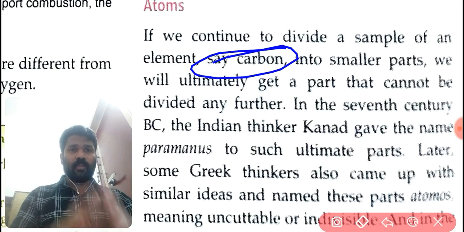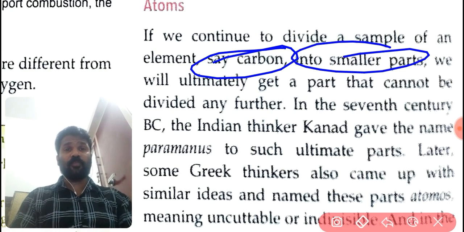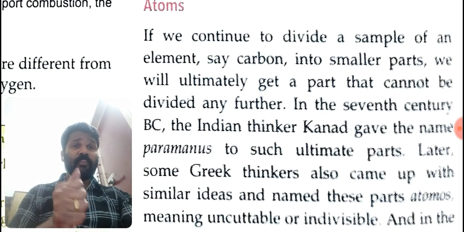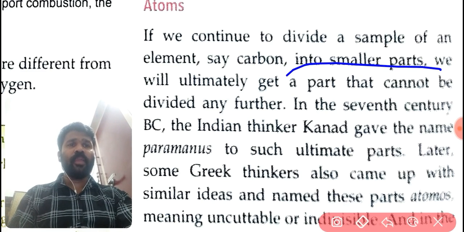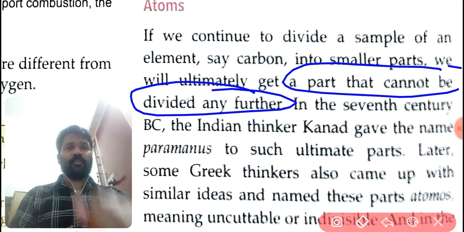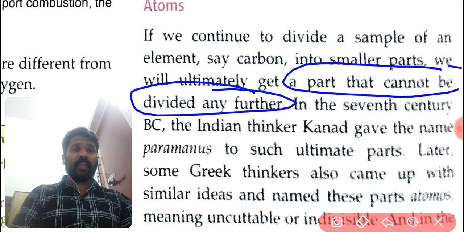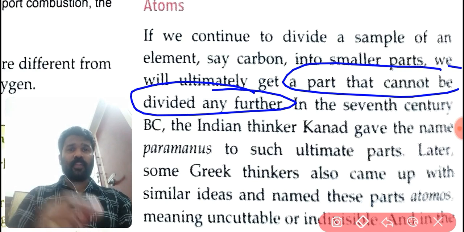If we continue to divide the carbon element, we will get smaller and smaller parts, and ultimately we get a part that cannot be divided any further.